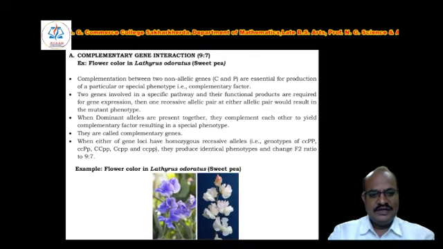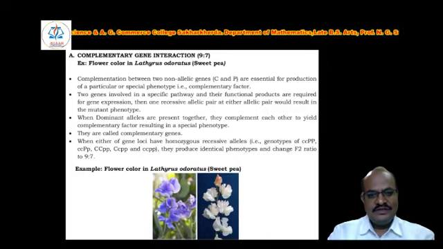Phenotype means the factor that has been expressed by the action of genes. Two genes are involved in a specific pathway, and their functional products are required for gene expression. Both genes produce certain factors, and these factors help in the production of a specific phenotype.